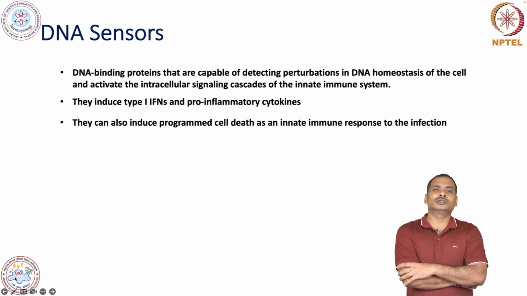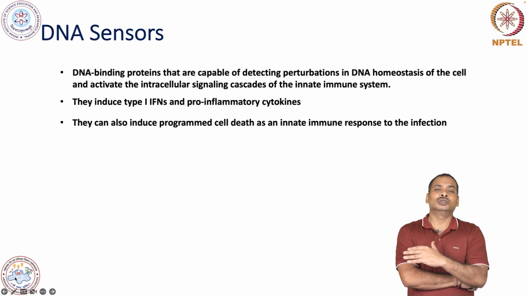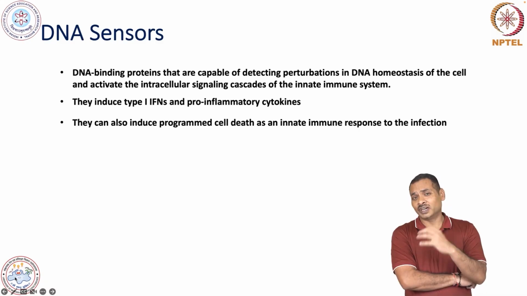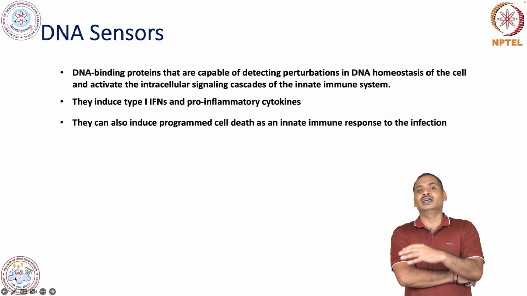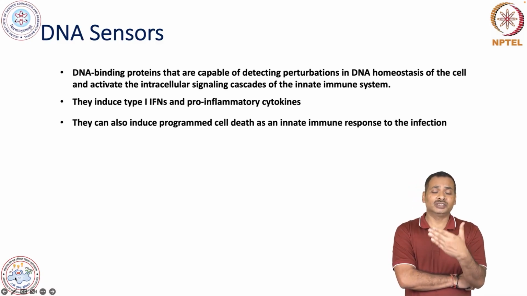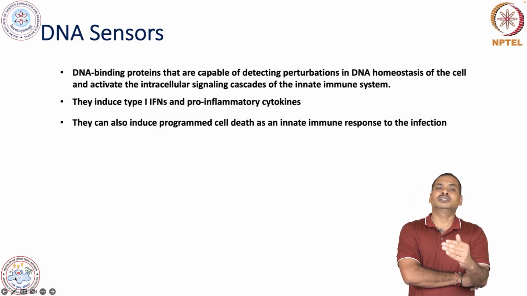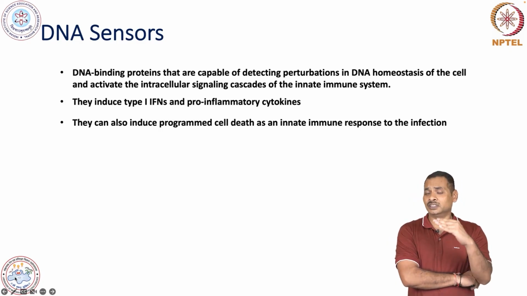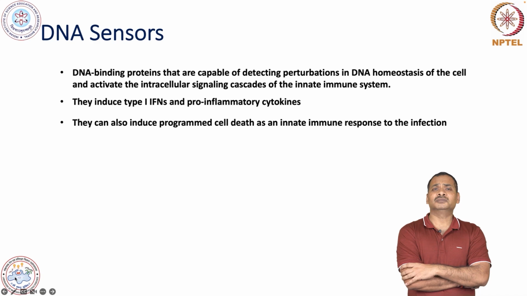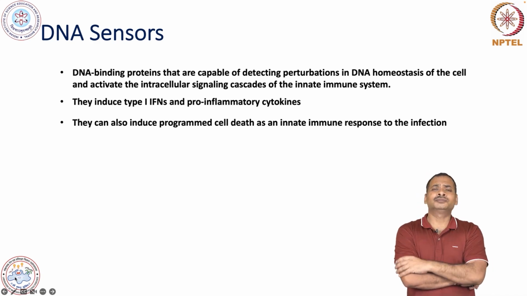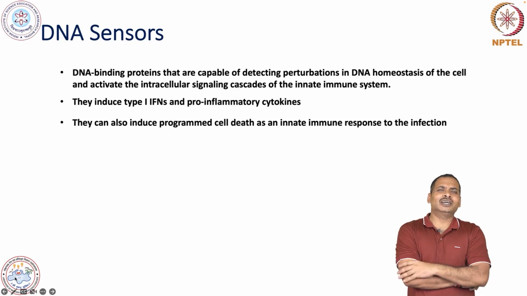So, this is the best way to stop viral replication, to kill the virally infected cell, and in that way the progeny will not be produced, and eventually the viral load will be reduced in the host.